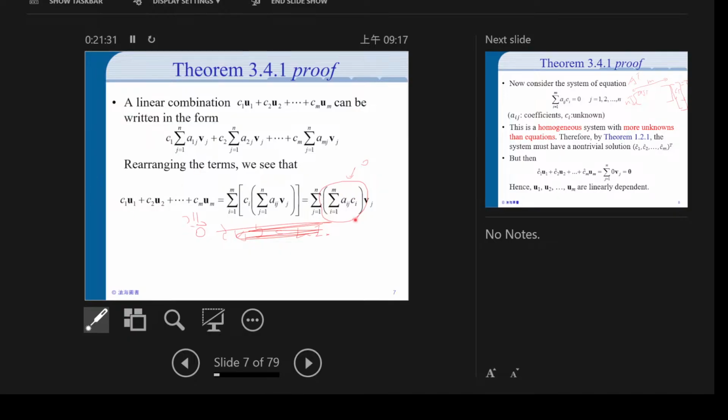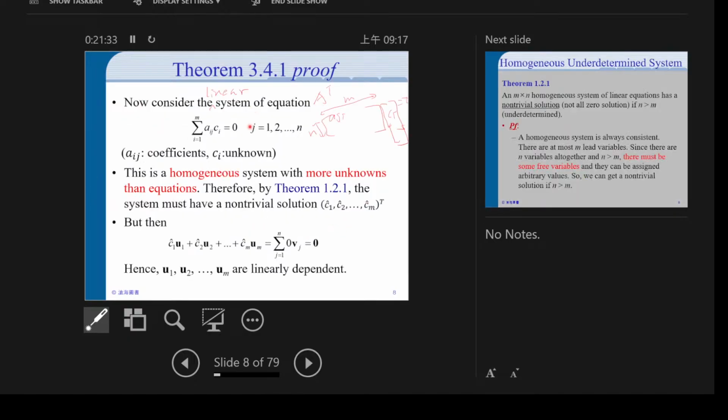We have this expression here and we try to solve this set of equations for equal to 0, whether they have a non-trivial solution. By theorem 1.1.2, we do find that we can have a non-trivial solution of this set of equations. We can make all those terms equal to 0 by solving this linear system and finding a non-trivial solution for c.